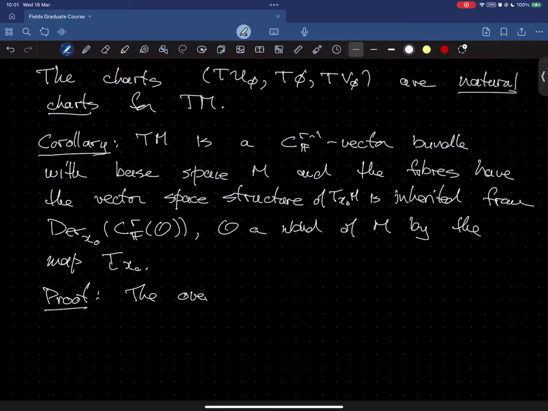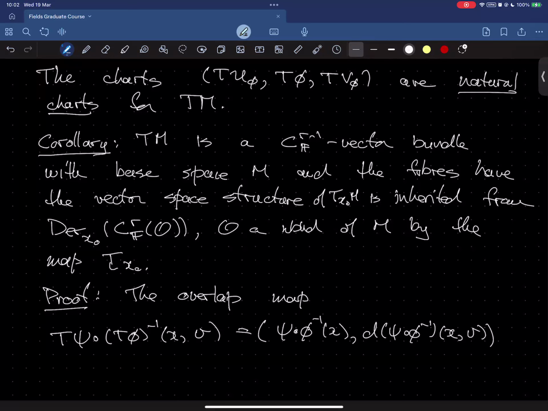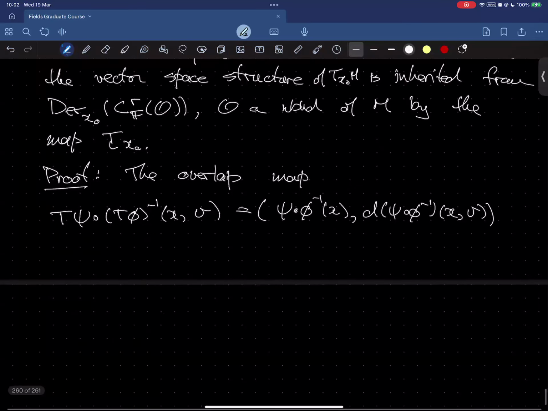So the overlap map, T psi composed with T phi inverse, that we just wrote down, is, in fact, a local vector bundle isomorphism.